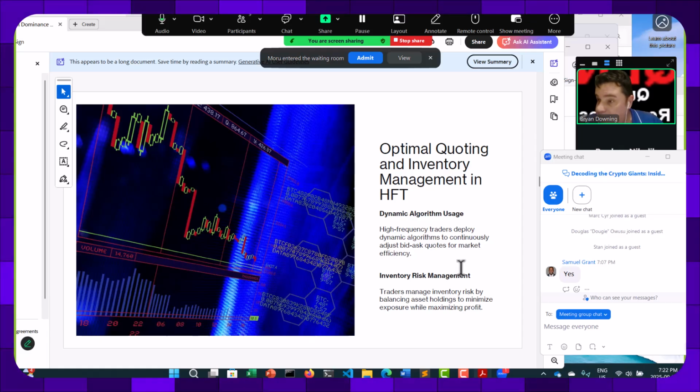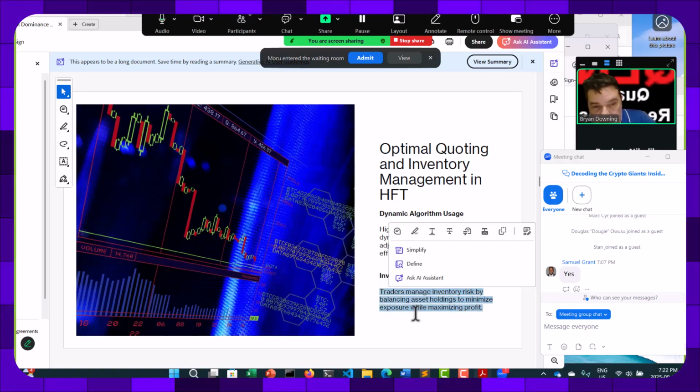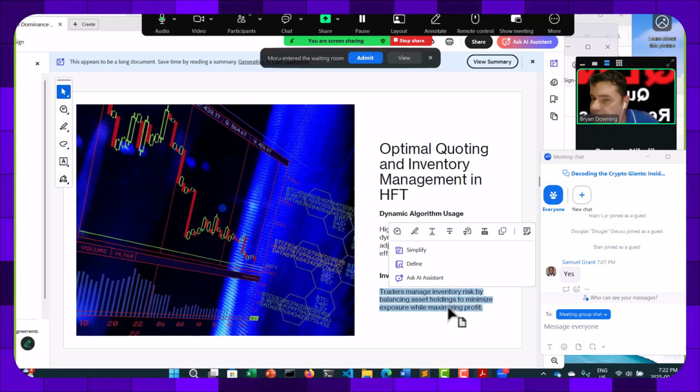And again, this is just in Bitcoin, but these techniques can be applied to a lot of the major markets out there in the world of futures and options or derivatives. So what they've got to do is balance all these different holdings and minimize the exposure while maximizing their profit.